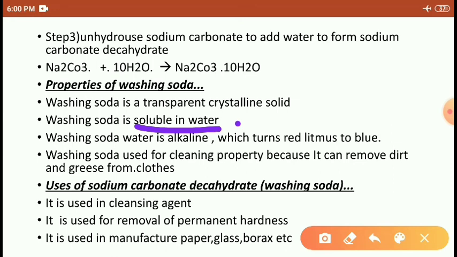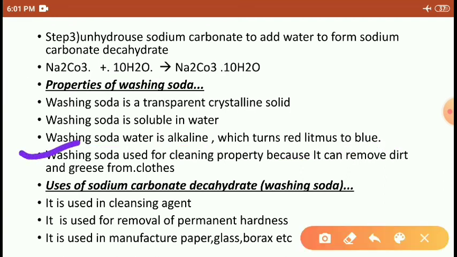Washing soda in water is alkaline. If washing soda is mixed in the solution, in which you dip the litmus paper, red litmus paper turns blue. It means it is of basic nature. Right, students?